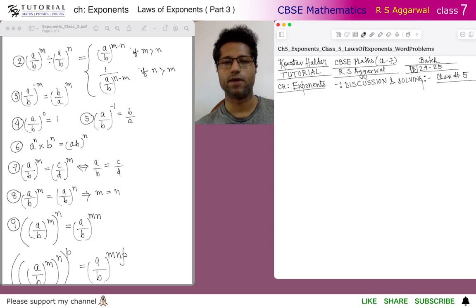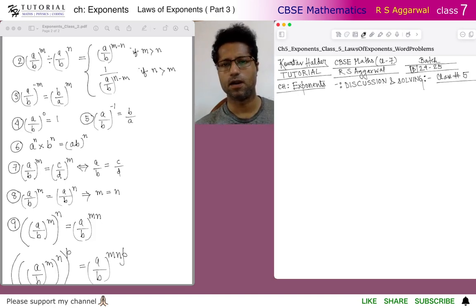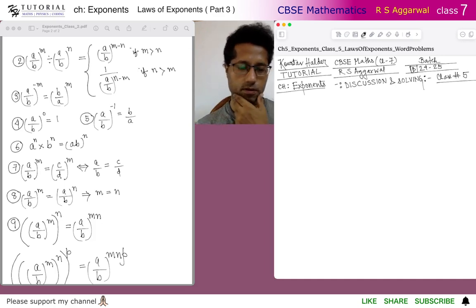This will be test paper 5, and after that I will probably make another video to solve miscellaneous kinds of problems, which will be a little harder, covering all the variations of problems possible on this chapter exponents, so that we have a good grasp on the concepts of exponents and in applying them in solving problems. So this is the idea.